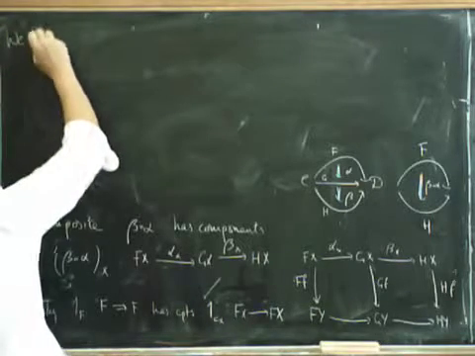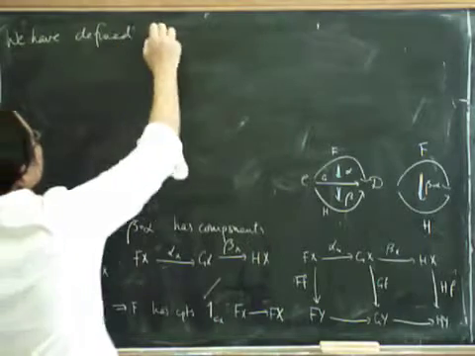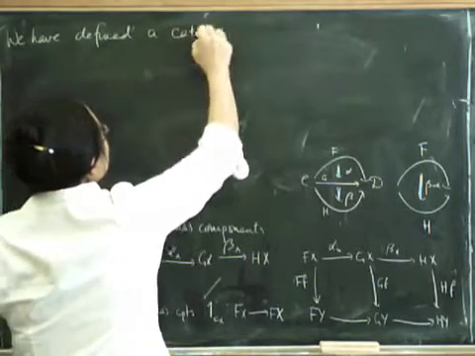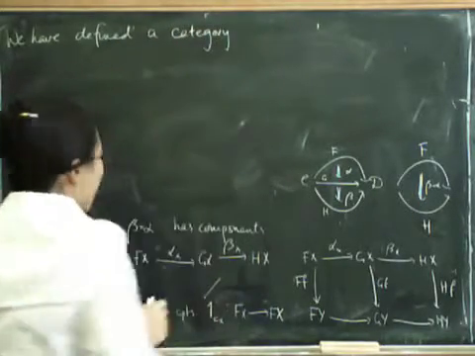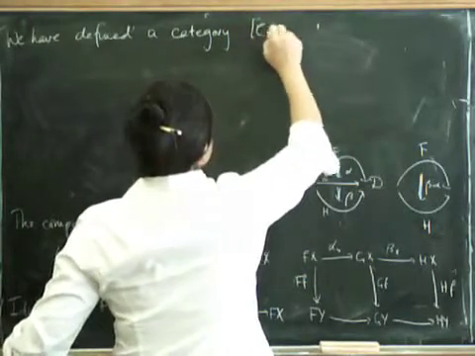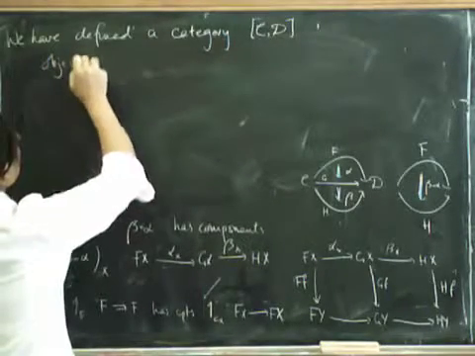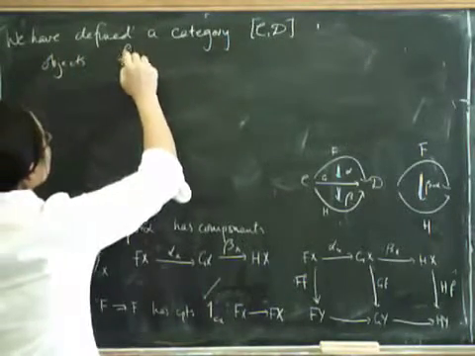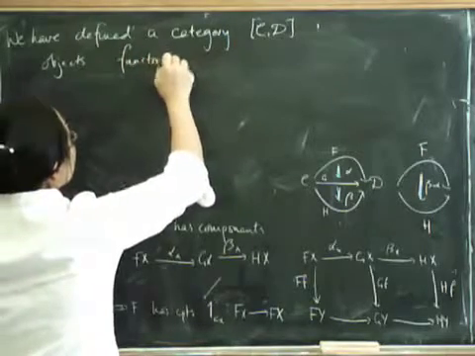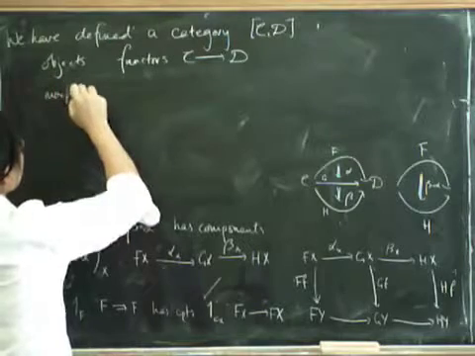We have defined a whole category of things between C and D. So this is the functor category. The objects are functors from C to D, and the morphisms are natural transformations in between them.